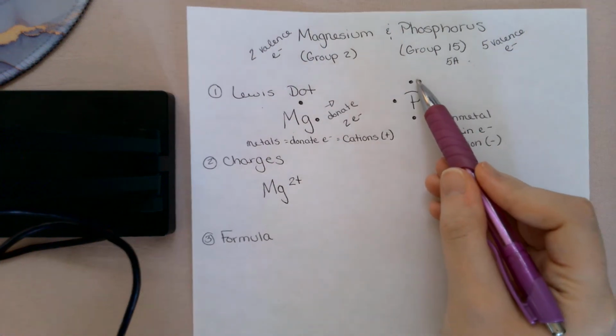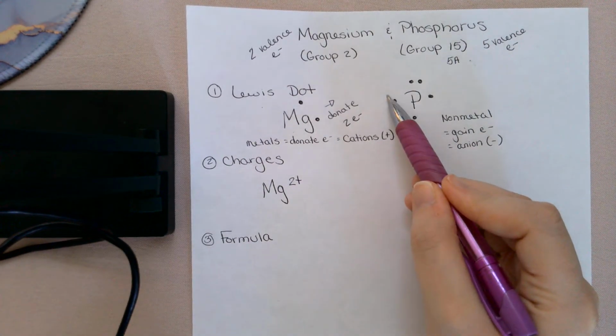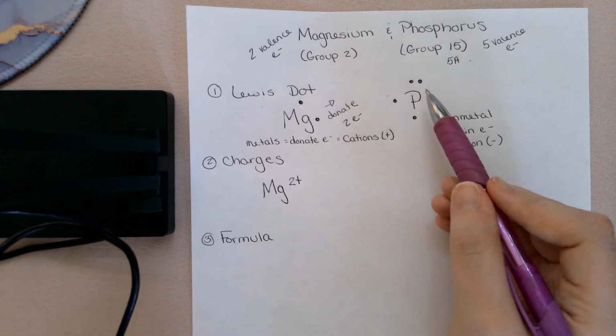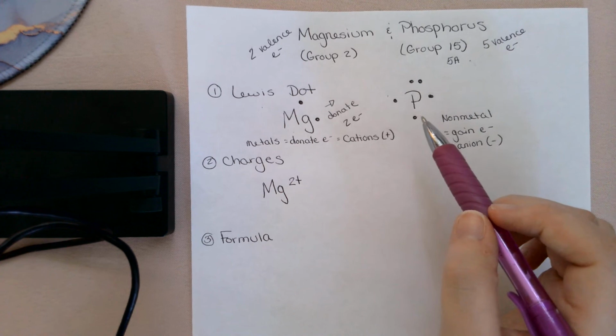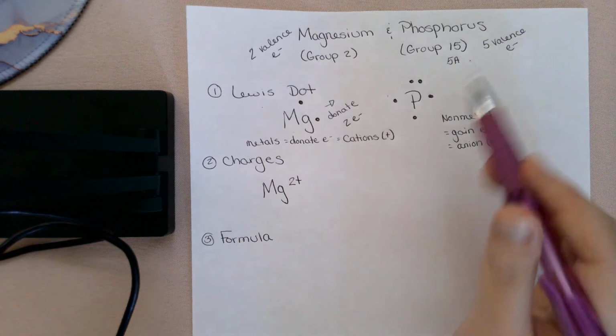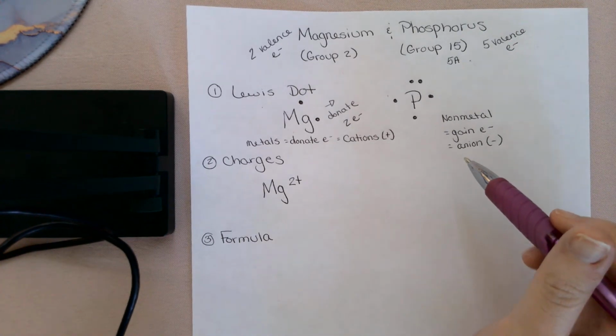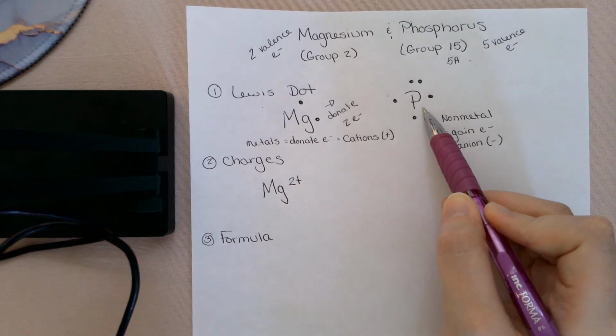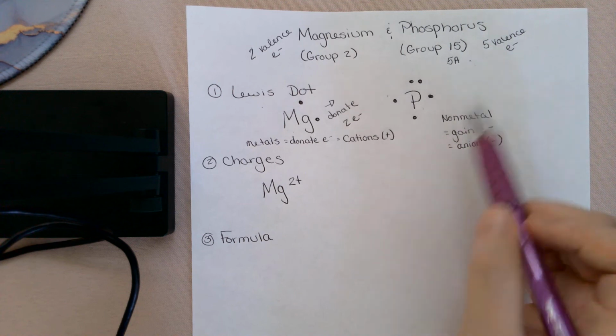Now phosphorus, he has 1, 2, 3, 4, 5. So since he has so many electrons, it would be hard for him to kick them off, right? It would be hard for him to donate 5 of them to get down to a stable energy level. It's going to be easier for him to gain 3 than to kick off 5, right?